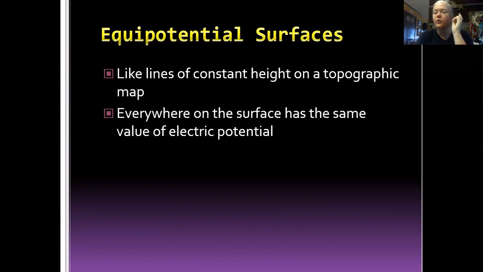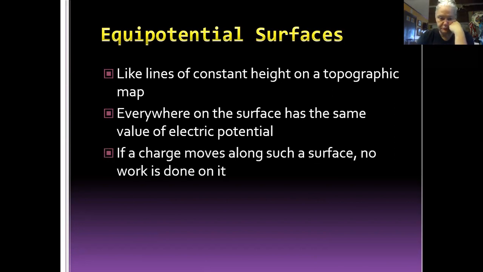Okay, so the reason this matters is if you stay on an equipotential surface, no work is done on you by the electric field or by the Coulomb's law force. And that also will eventually mean that no current will flow, because to have a current flow we have to have a potential difference, or a change in V. We don't have that, so there's no current flow. So that's why Mr. Squirrel can go down the electric line.